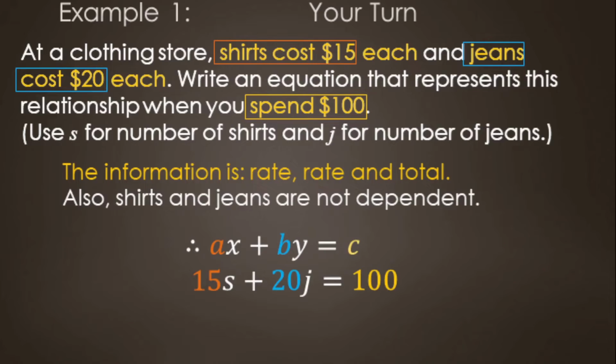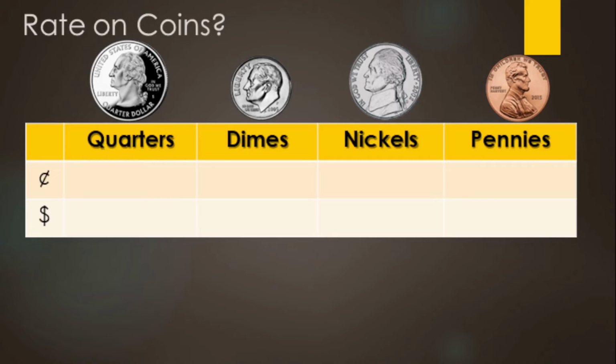So with standard form, writing these out from a scenario, if you know you've got rates and a total, it's super straightforward. $15 per the first one plus $20 per the second one equals the total. Again, this is a summary statement for the information up here. So you can take these words and re-say them here. It's $15 per shirt plus $20 per jean equals $100 total.